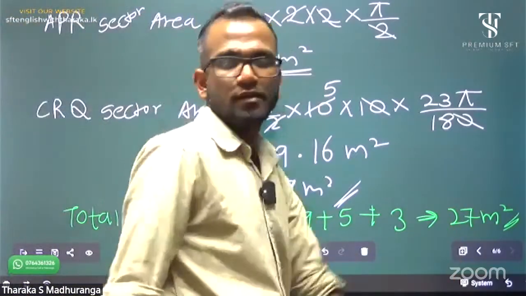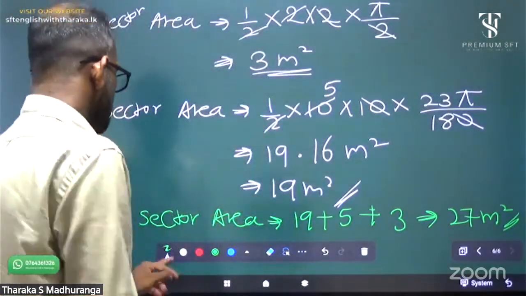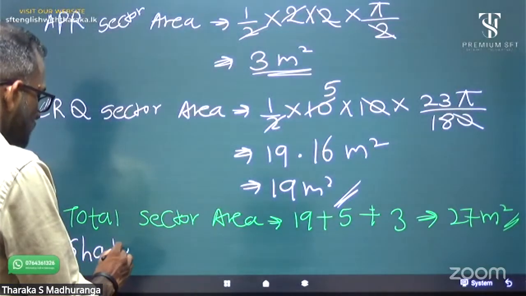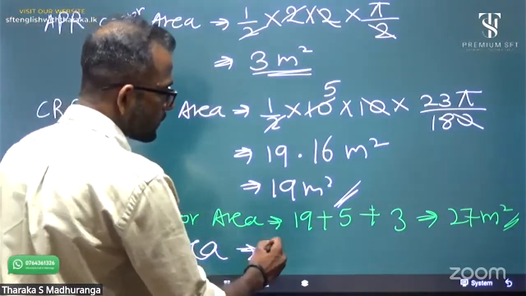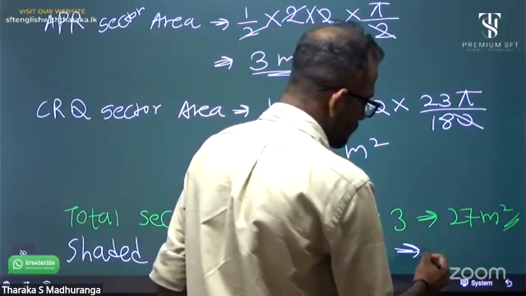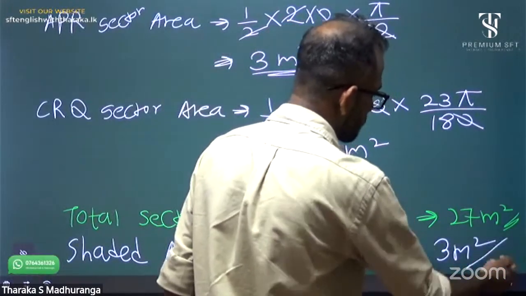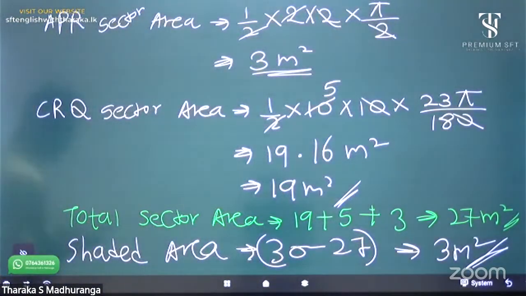Then it is 3. 3 is the shaded part area. Very simple questions, right? Shaded area equals 30 minus 27. 3 cubic meter, not cubic meter, square meter. 3 square meter. Clear, right?